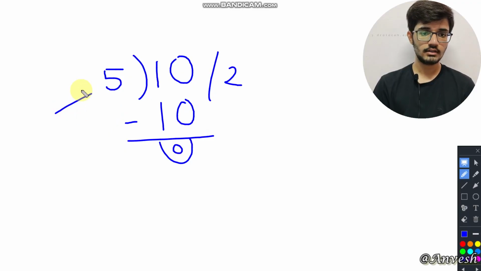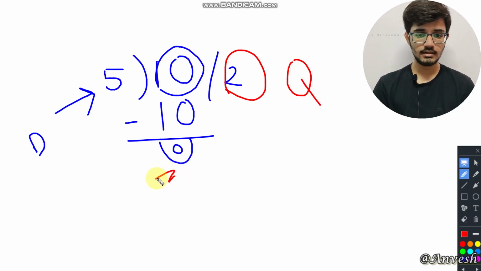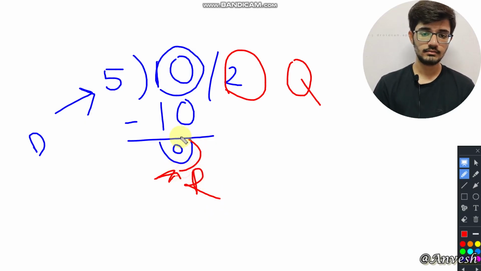This is the divisor, this is the dividend, this is the quotient Q, and this is the remainder R. 10 is the dividend and 2 here is the quotient.